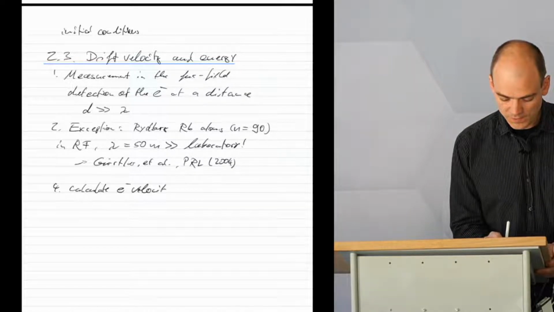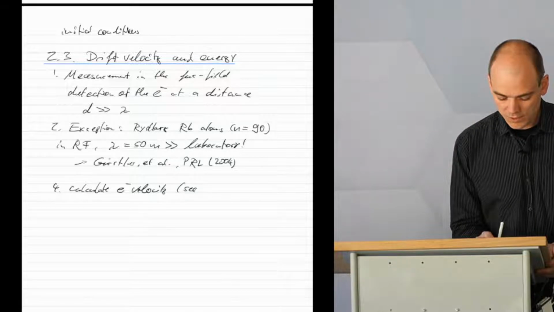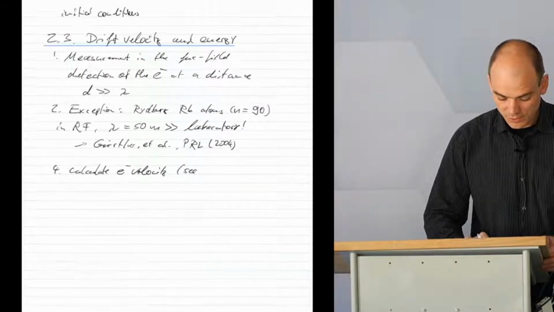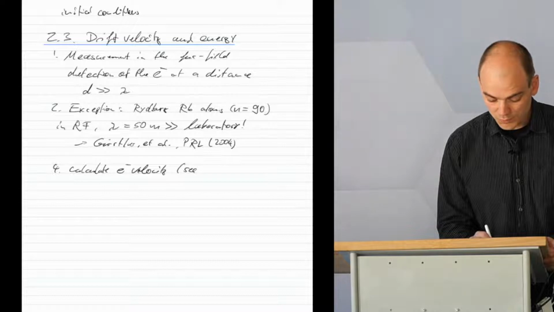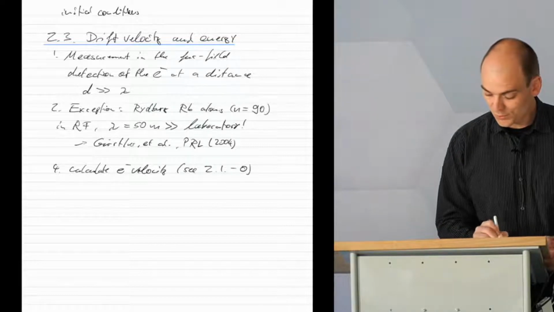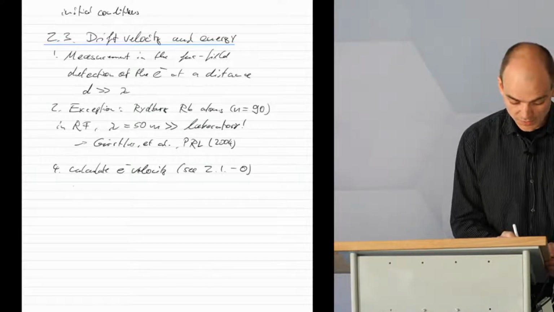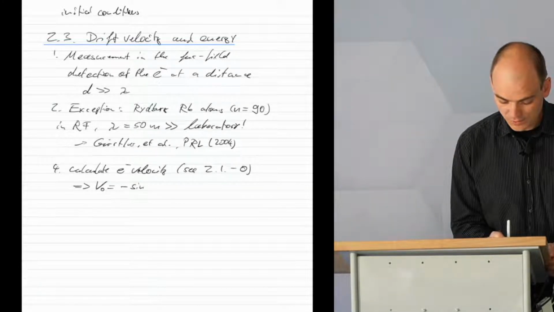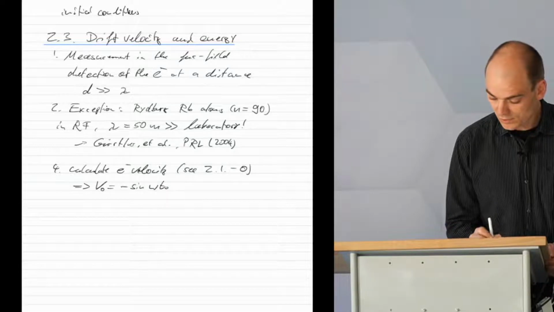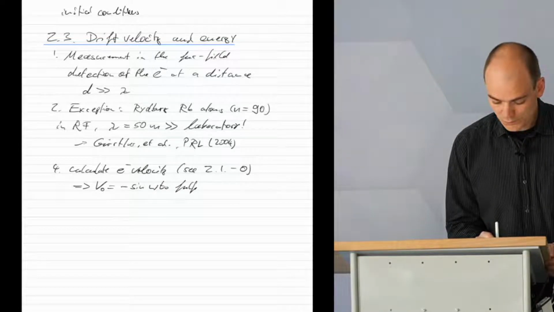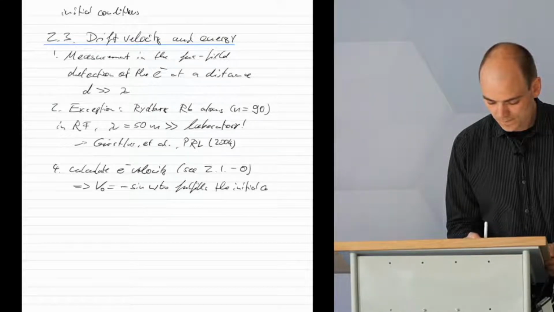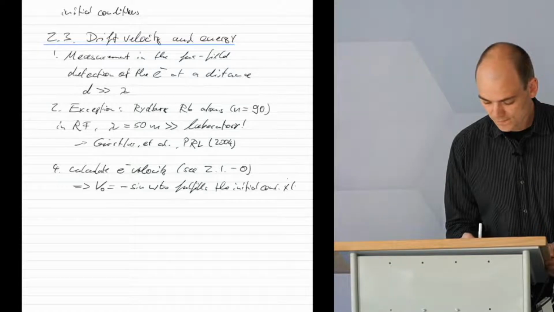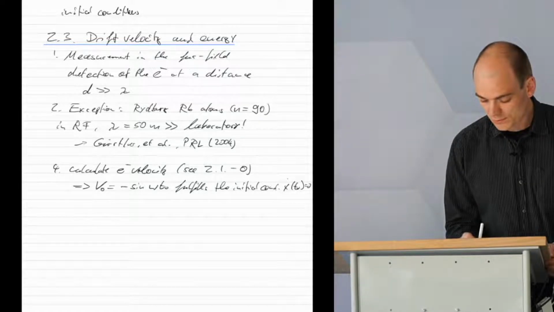And in fact, we have done it in the beginning of the chapter. So this would be 2.1.0 actually, and there we find that v0 equals minus sine omega t0, and this fulfills the initial condition x dot of t0 equals 0.